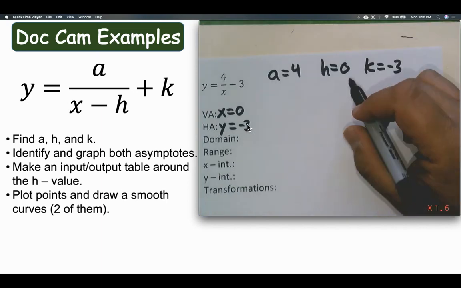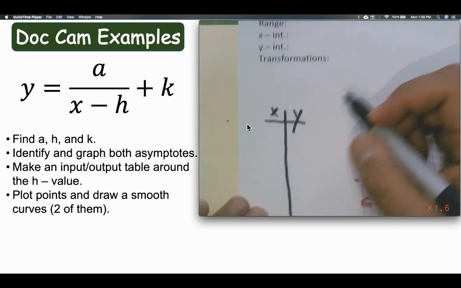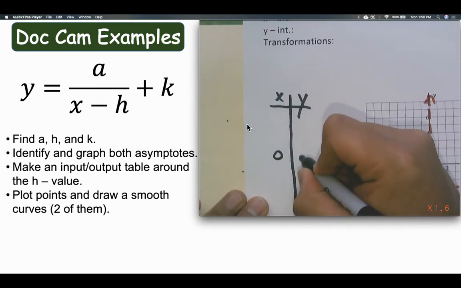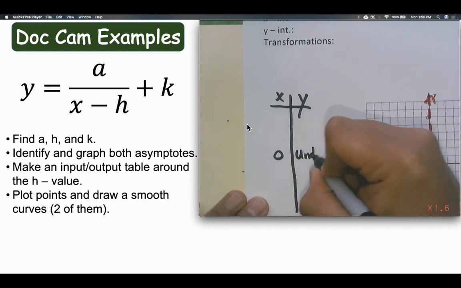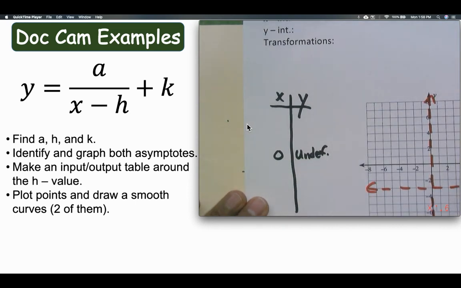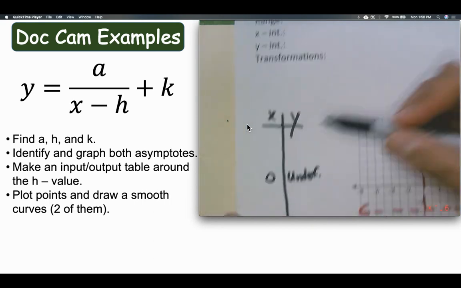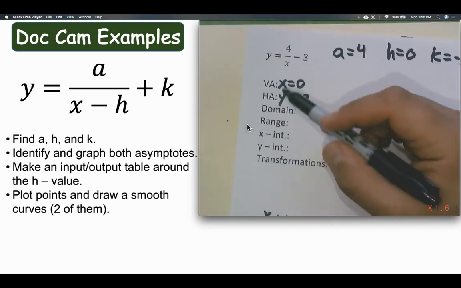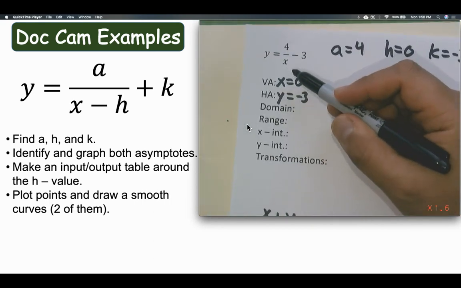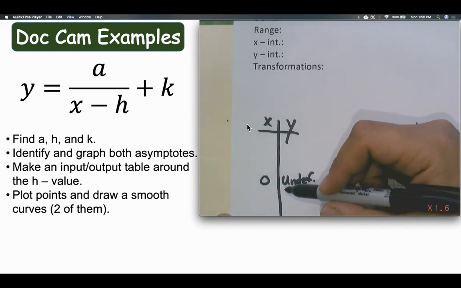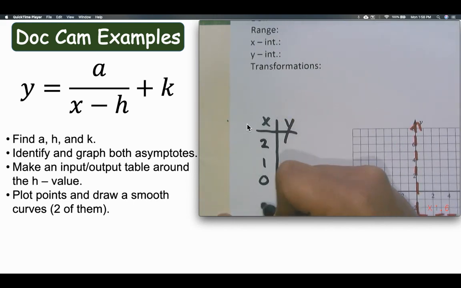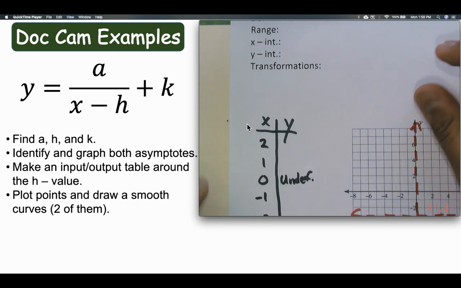My h value is a 0. So I'm going to start my x values out at 0. I already know that's going to be undefined, because at the h value, once you plug it in, you're always dividing by 0, so it's not going to work out too well. So 0, 1, 2, -1, -2.